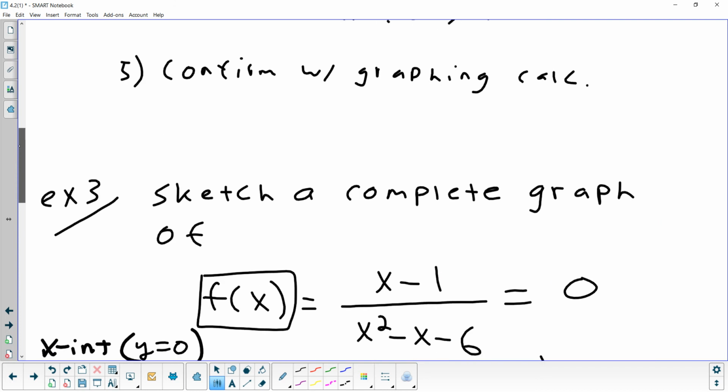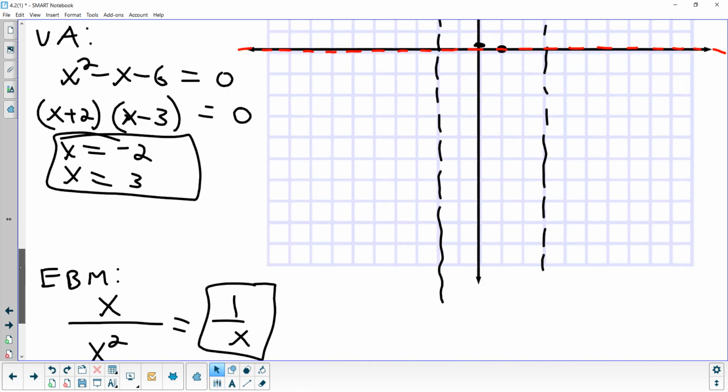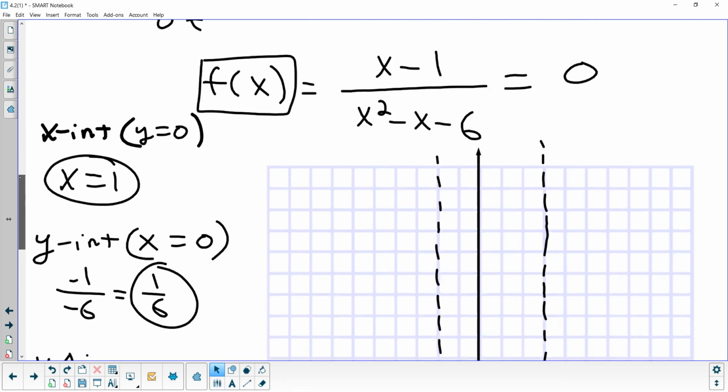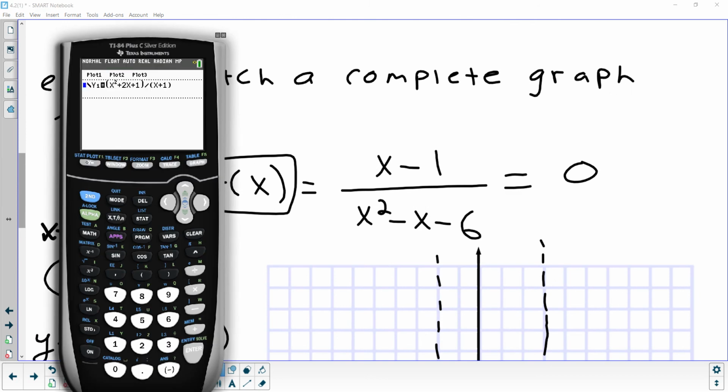Now we're going to use the graphing calculator to check what's happening near the asymptotes. Let's type in x minus 1 divided by x squared minus x minus 6, and this is where I'm going to use my table.